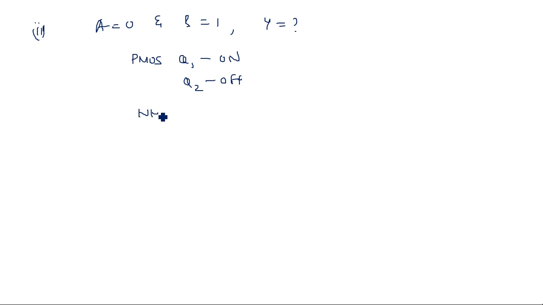And similarly, in terms of NMOS, Q3 is off and Q4 is on because B is equal to 1. Okay. Now with this, let us draw the circuit diagram. Q1 is on means short circuited, and Q2 off means open circuited, and Q3 is off and Q4 is on.